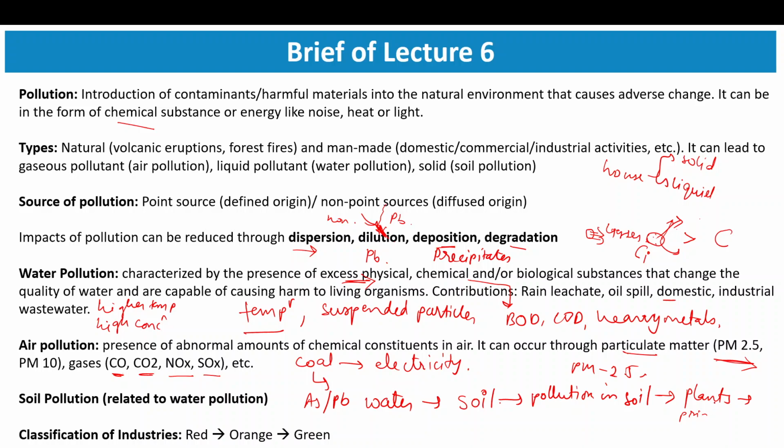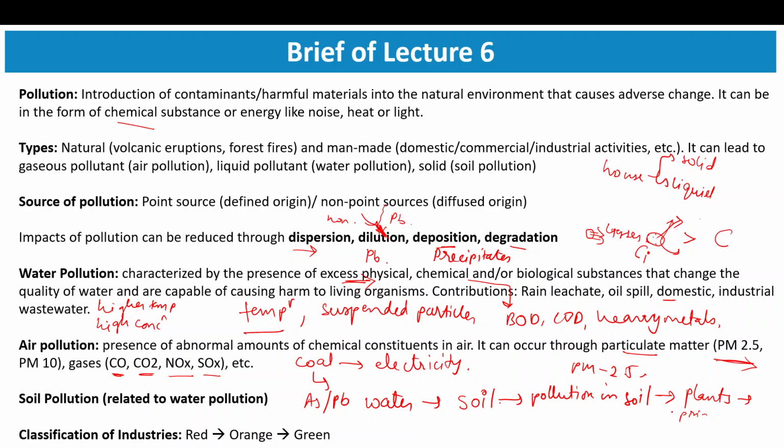So and so on, it will pass on through the food chain and create its negative impacts. Okay, it will have its negative impacts by the consumption. So in this way, through the food chain, it will pass on.